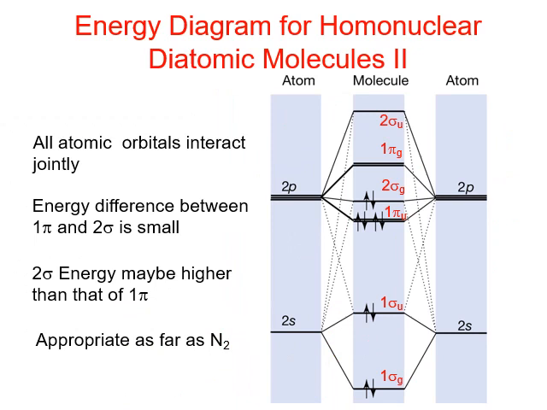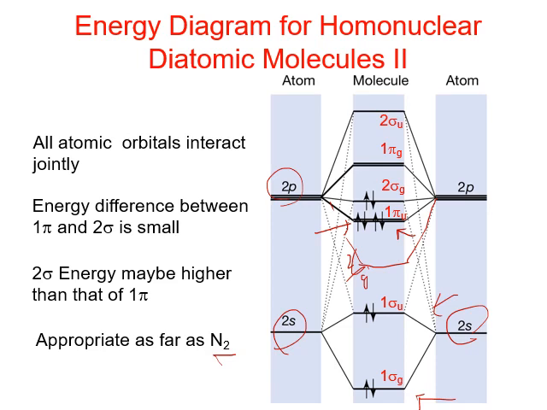The energy diagram for the lighter molecules up to nitrogen is similar to the energy diagram of oxygen and fluorine shown in the last slide. So the 2s orbitals combine to form 2 molecular orbitals, bonding and anti-bonding, and then the p orbitals. In the last slide we showed the pz orbital forms the second sigma g bond, and then you have 2 pi orbitals due to the px and py.